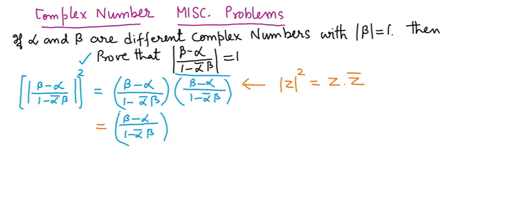Here, see this step, the conjugate of this will equal to conjugate of beta minus conjugate of alpha upon 1 minus conjugate of alpha, again conjugate.